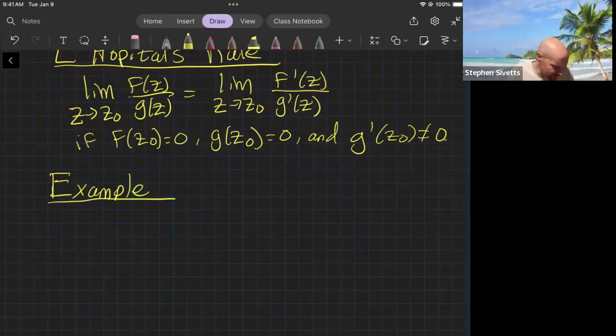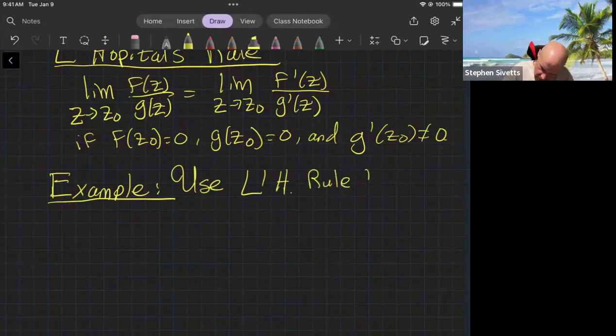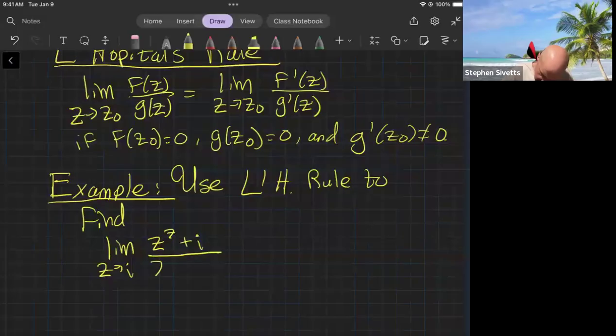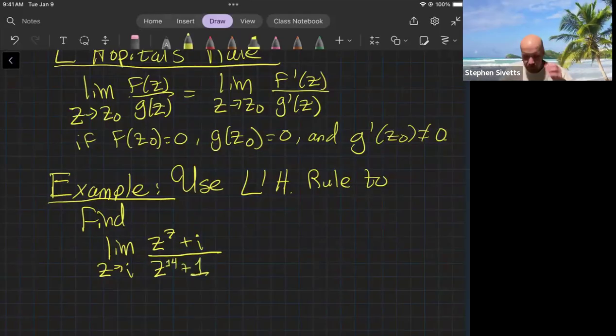For example, I want to use L'Hopital's rule to find this limit: the limit as z approaches i of z to the 7th plus i, divided by z to the 14th plus 1.